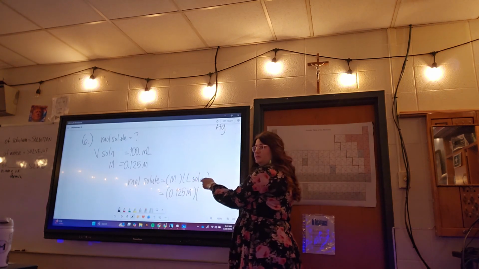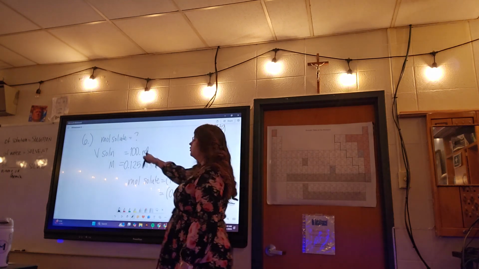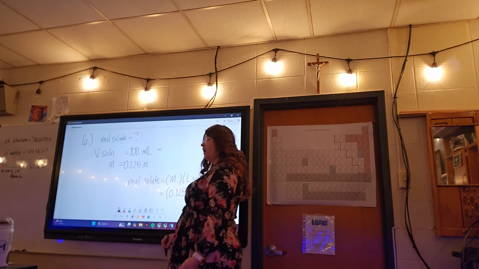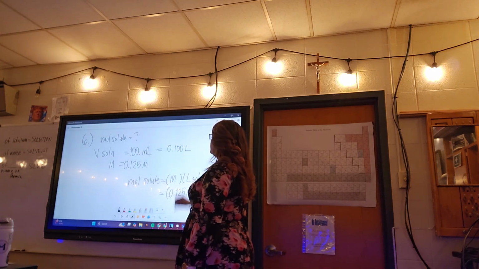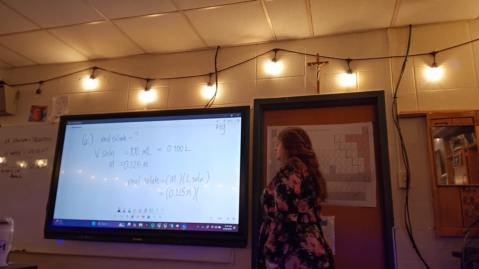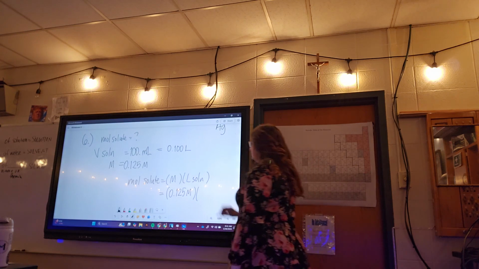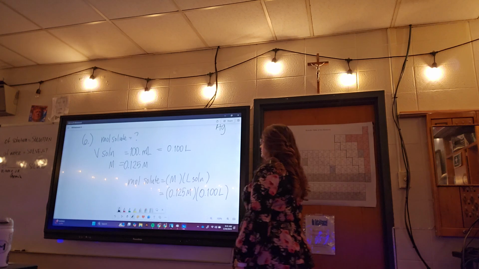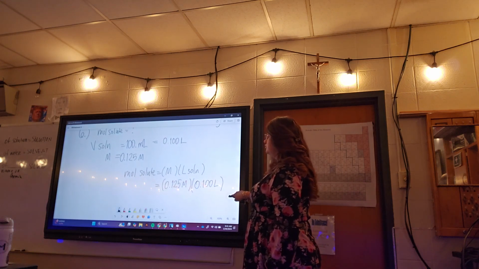But by the time I get to here, it's asking me for liters of solution, and that's not what I have here. So to go from milliliters to liters, you're going to divide by 1,000. So your number should get smaller, because a liter is a big unit and a milliliter is a small one. And so that's the number that should go into my formula now.